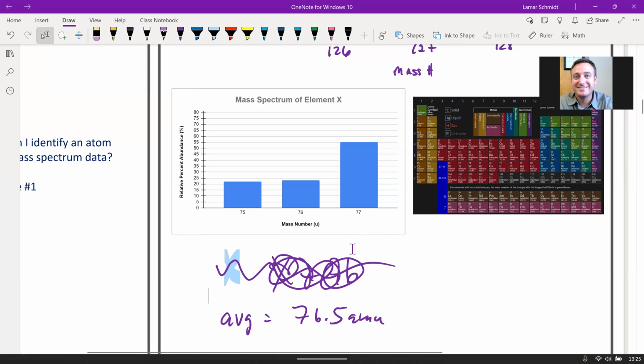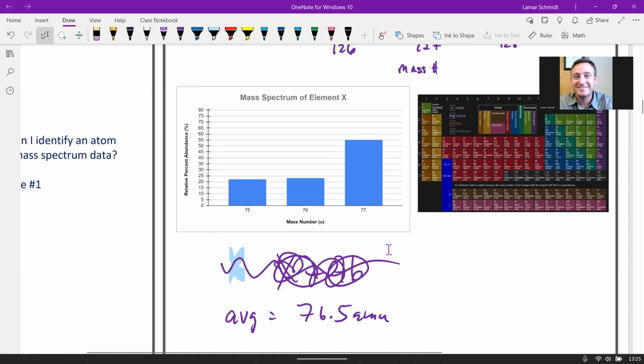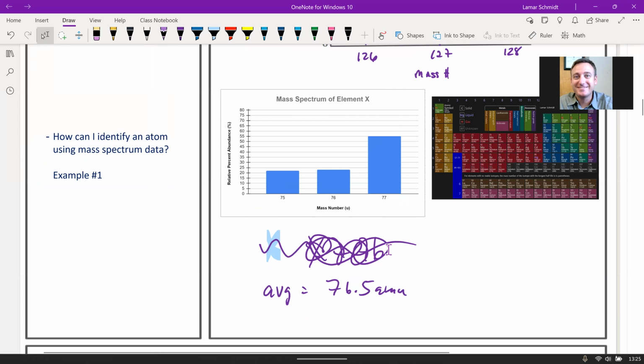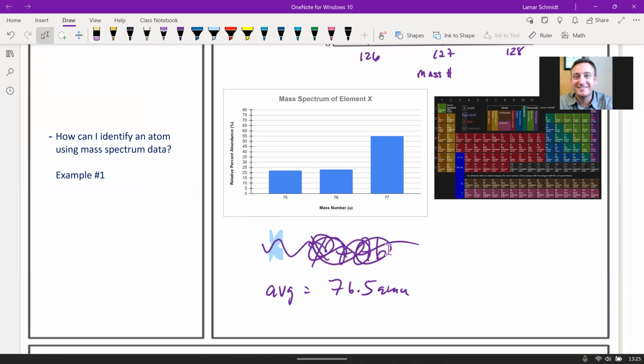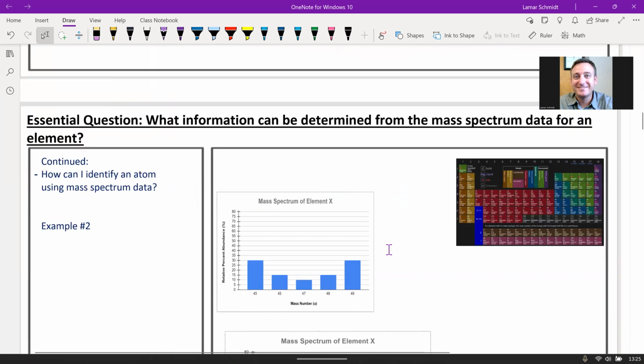It's not going to be 77. Okay. I thought maybe I wrote down the wrong value when you said that. That's why I said, let me check. But yeah, there's no way that you're getting 77. All right. Not from this graph. All right. Let's look at another one.